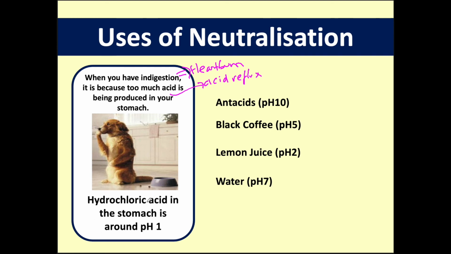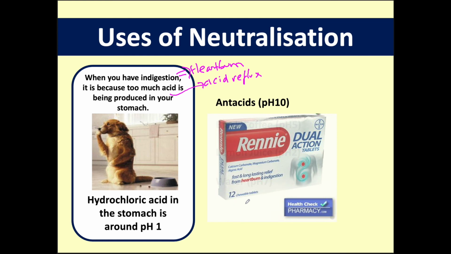So hydrochloric acid, as I said when we were looking at our examples, has a pH of around 1. So out of these 4 options, which is going to be the most effective at neutralising this hydrochloric acid? So pause the video whilst you have a think. And of course it's going to be our antacids, so ant like anti, which means against.